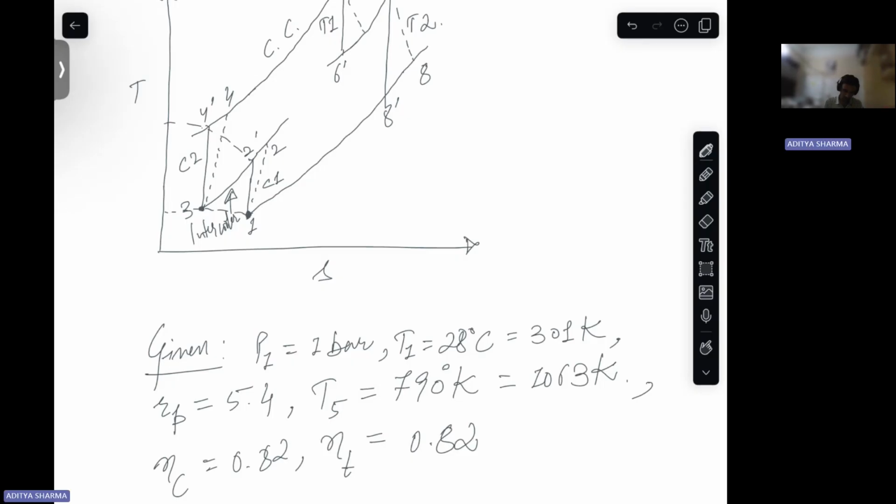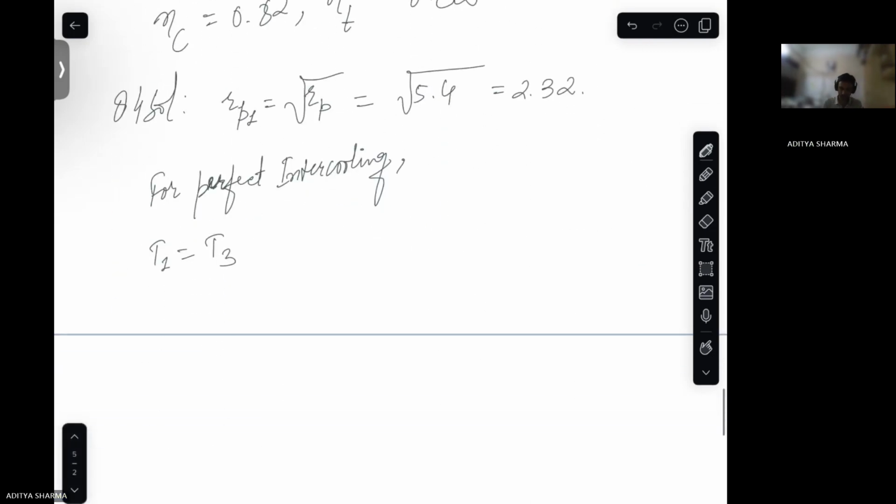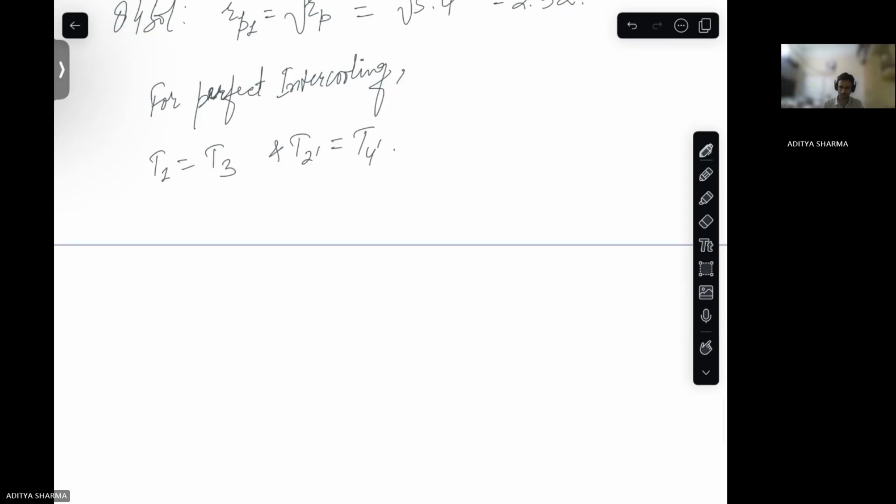I have not been able to draw these at same level, but these will be at same level. Okay. And T2 dash will be equal to T4 dash.